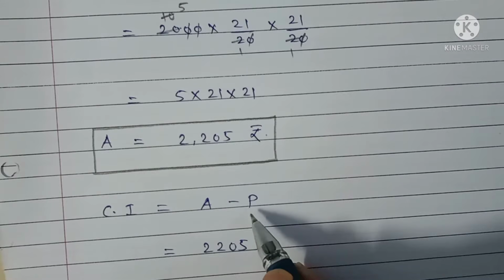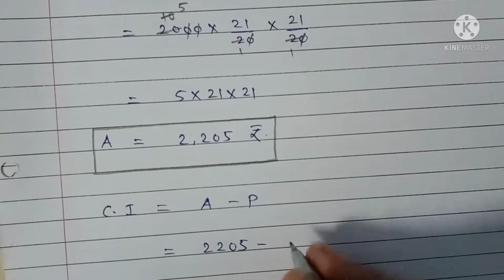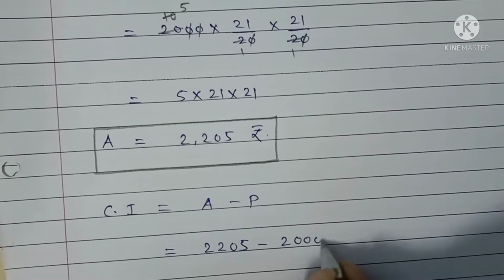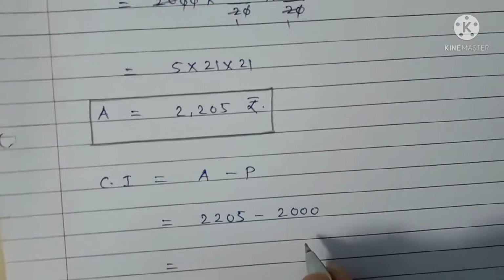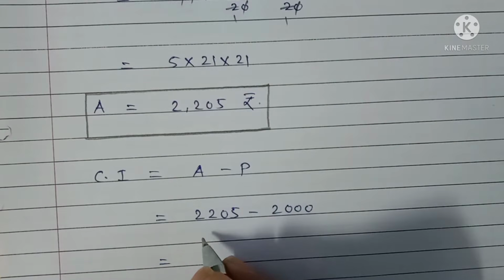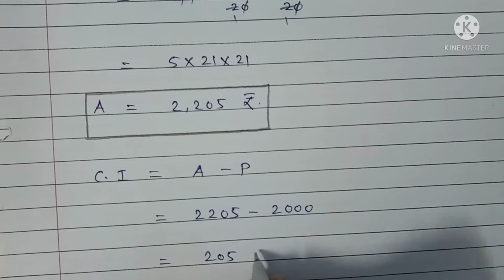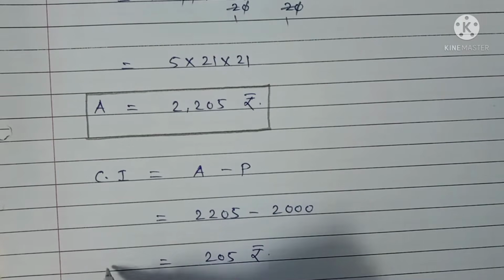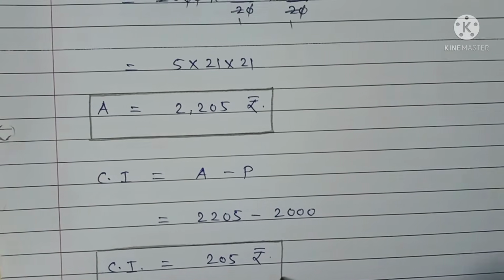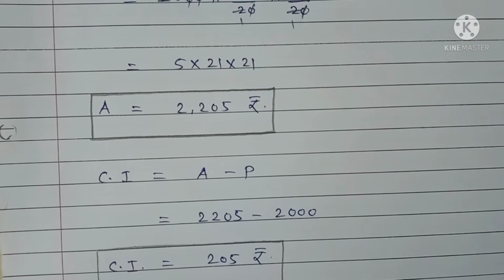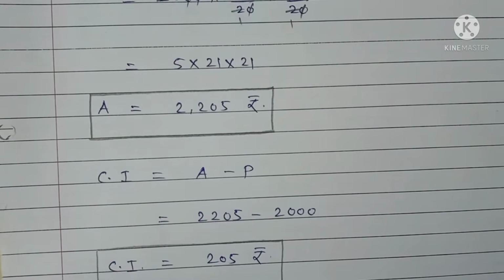Principal is given 2000 rupees. Their subtraction is 205 rupees. Means amount is 2205 and compound interest is 205.